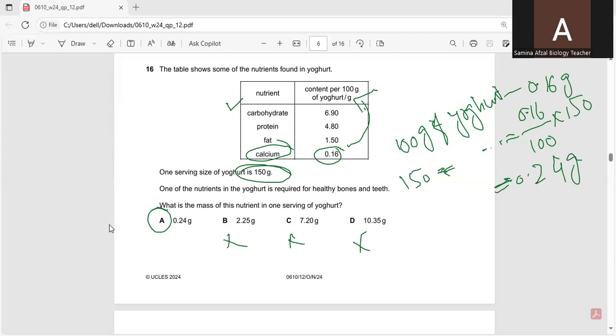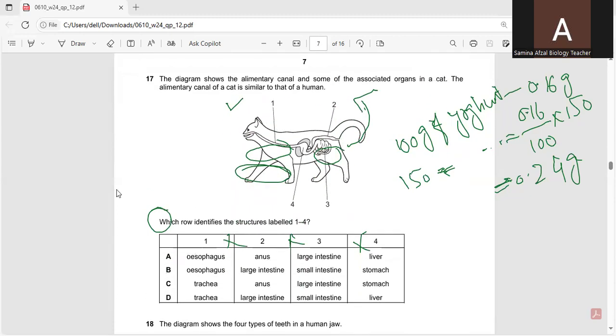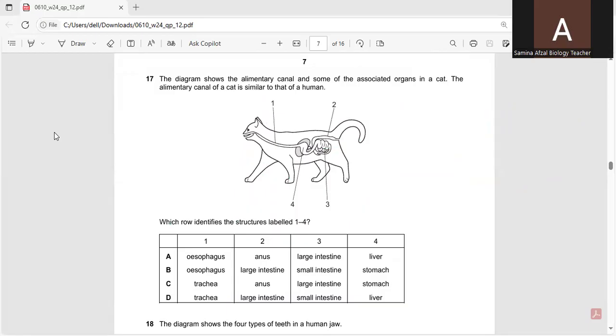Next question number 17 is, the diagram shows the alimentary canal and some of the associated organs in a cat. The alimentary canal of a cat is similar to that of a human. So at 1 is esophagus, and number 4 is stomach. Number 3, you can see the small intestine.